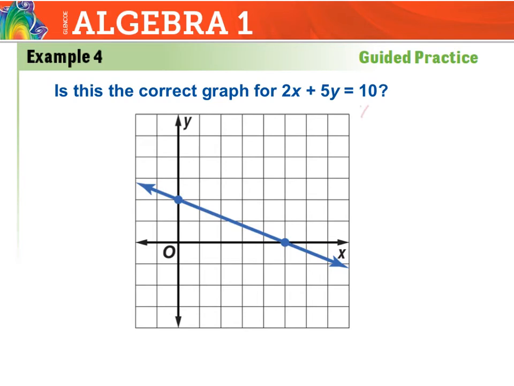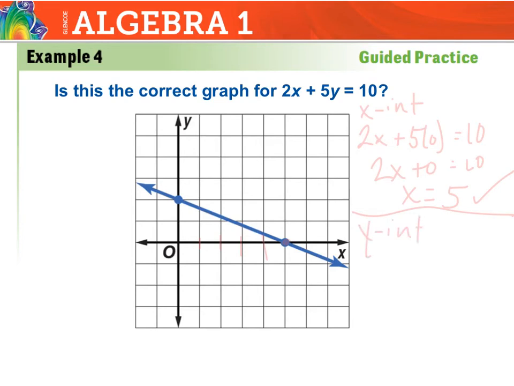For our x-intercept, it's going to look like this: 2x plus 5 times 0 equals 10, or 2x plus 0 equals 10. Solve for x. I get x equals 5. Let's see if that checks out. Looks like 1, 2, 3, 4. Yeah, I'm okay with that. So that looks good.